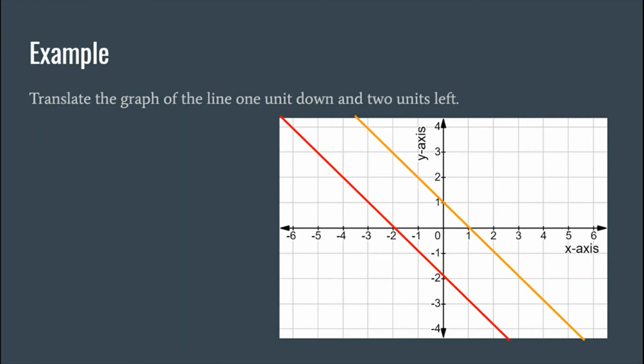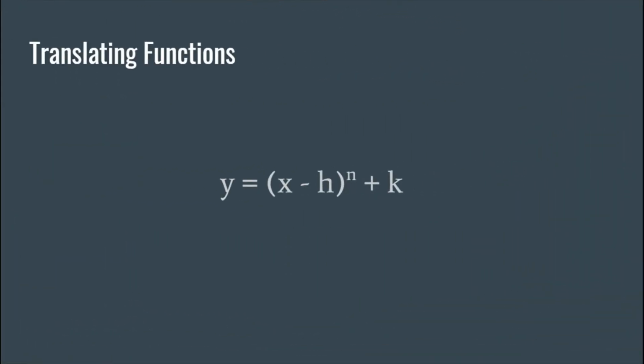Now let's say you don't have a graph to work with. We're going to look at this, which is the standard form for most graphs. Let's take a look at all the different parts. Y stays y, x stays x. h is your horizontal shift, so that's how much it moves left or right.